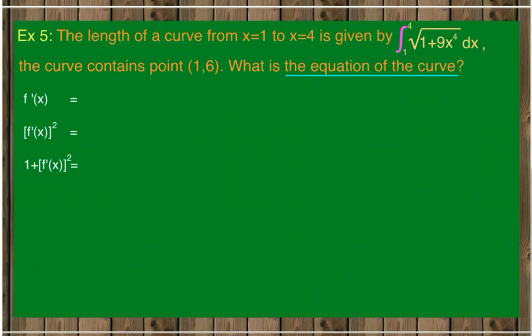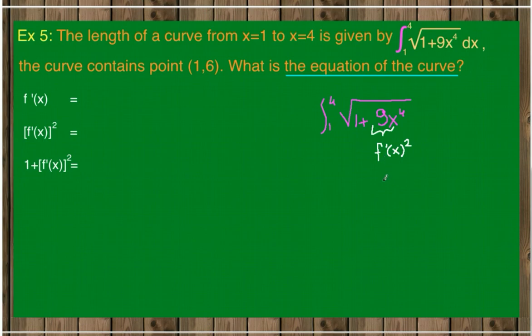In the arc length formula, integration from 1 to 4, 1 plus 9x to the 4th, this term is our f prime of x squared. So can we find f prime? Yes, if we take the square root of this quantity, then we can find f prime.